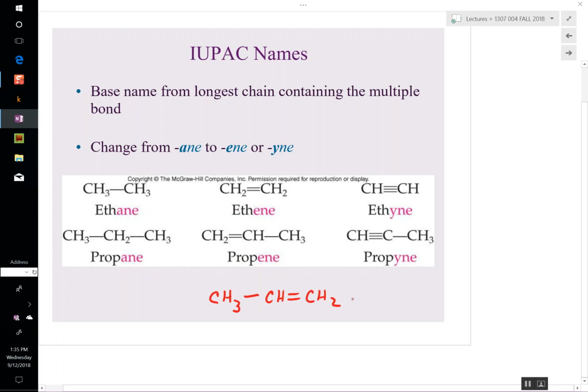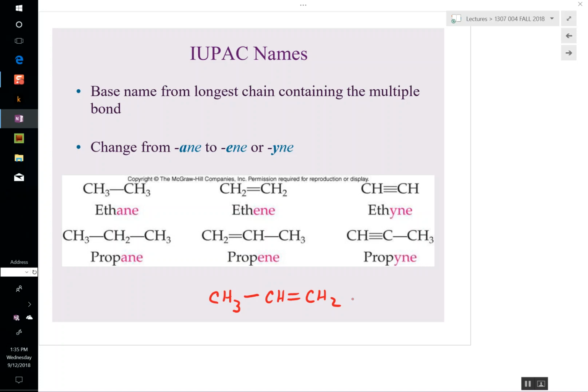Well, all I did was write that the other way. There's only one place this double bond can be. It's got to start on carbon number 1. This is carbon number 1, 2, 3. That's carbon number 1, 2, 3.